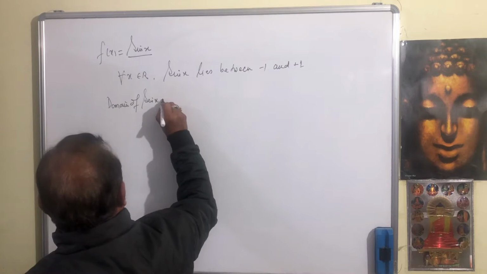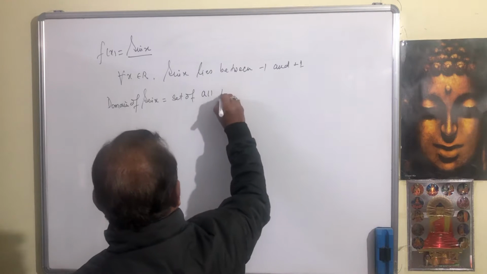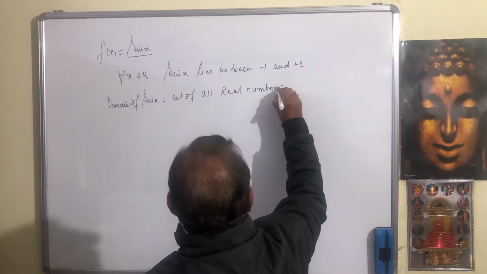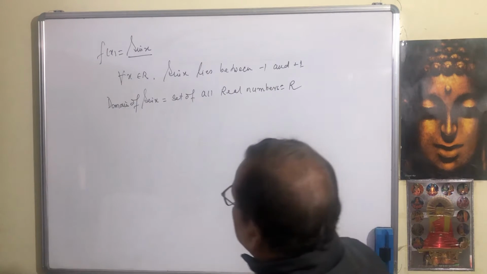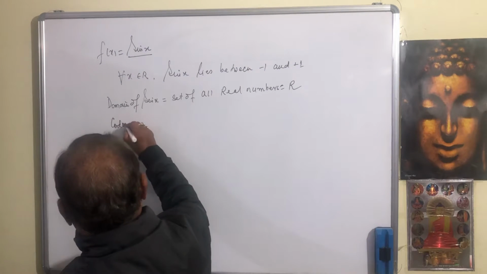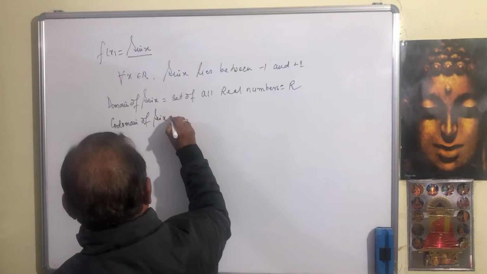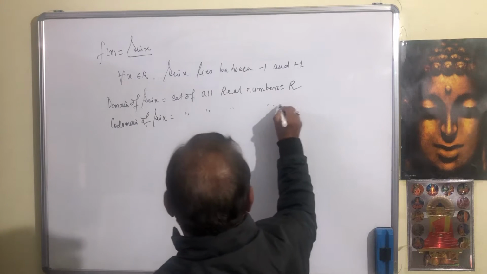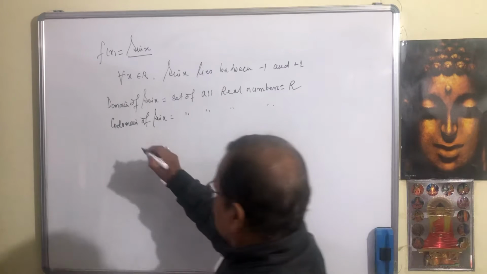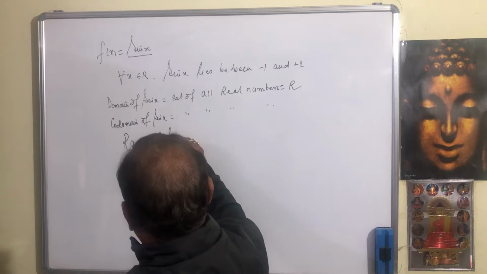Domain of sin x is the set of all real numbers, that is R. And codomain of sin x is also the set of all real numbers, that is R. But the range of sin x is what?